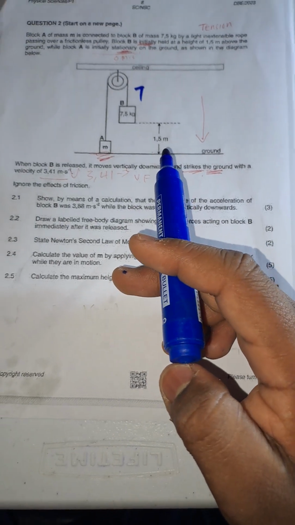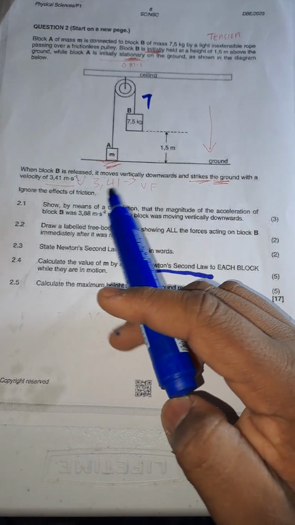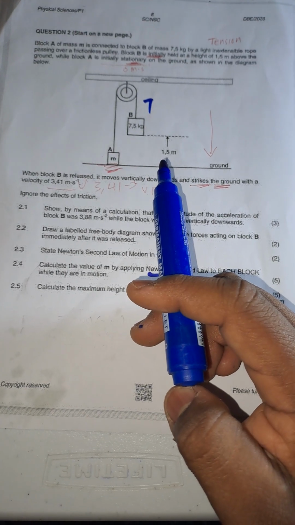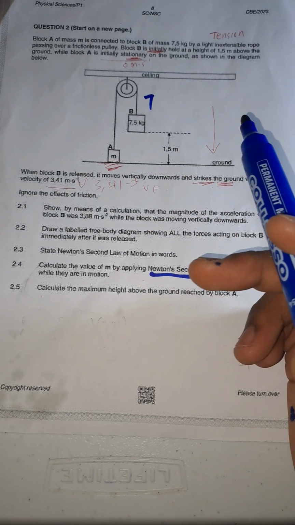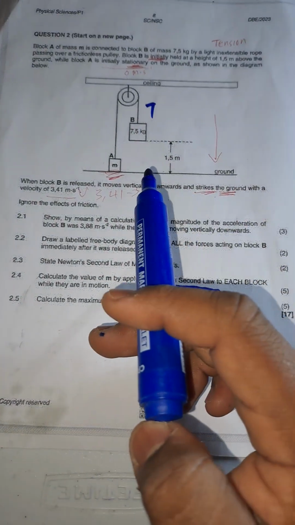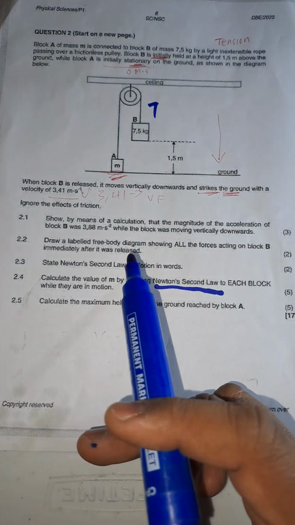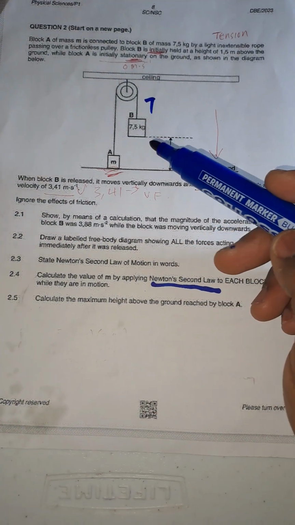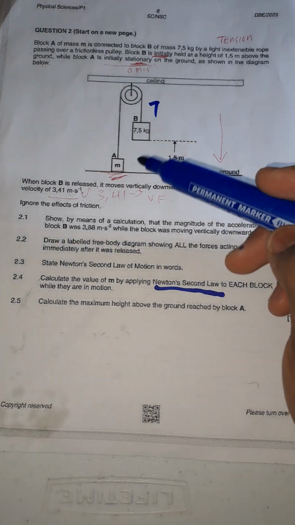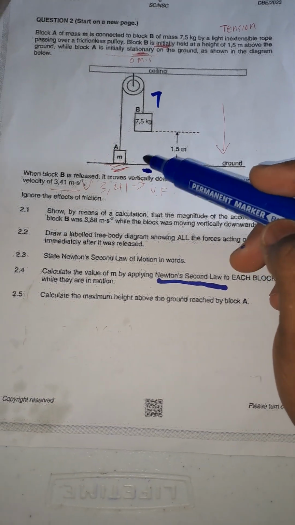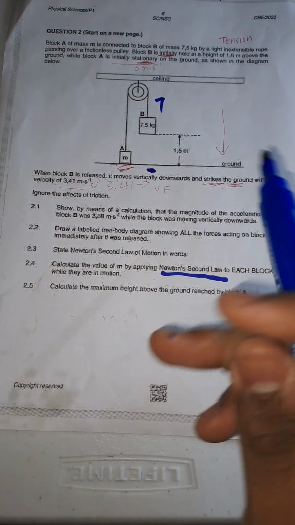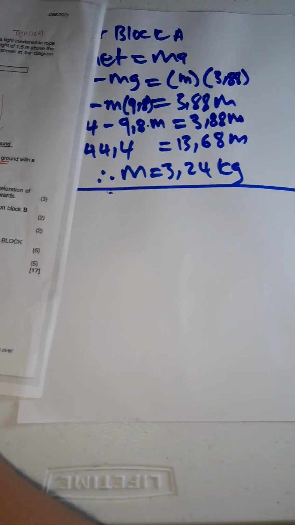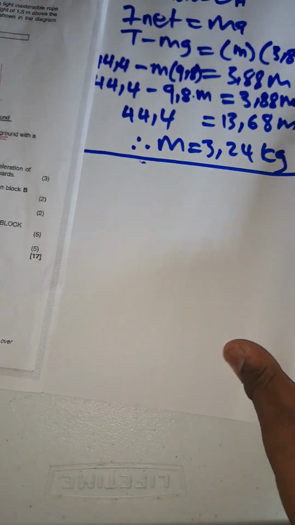So as it struck the ground with that 3.41 meters per second, it basically means that when block A goes up, it moves with a velocity of 3.41, because this one strikes the ground with 3.41. Then this one is going to go up with the very same velocity.